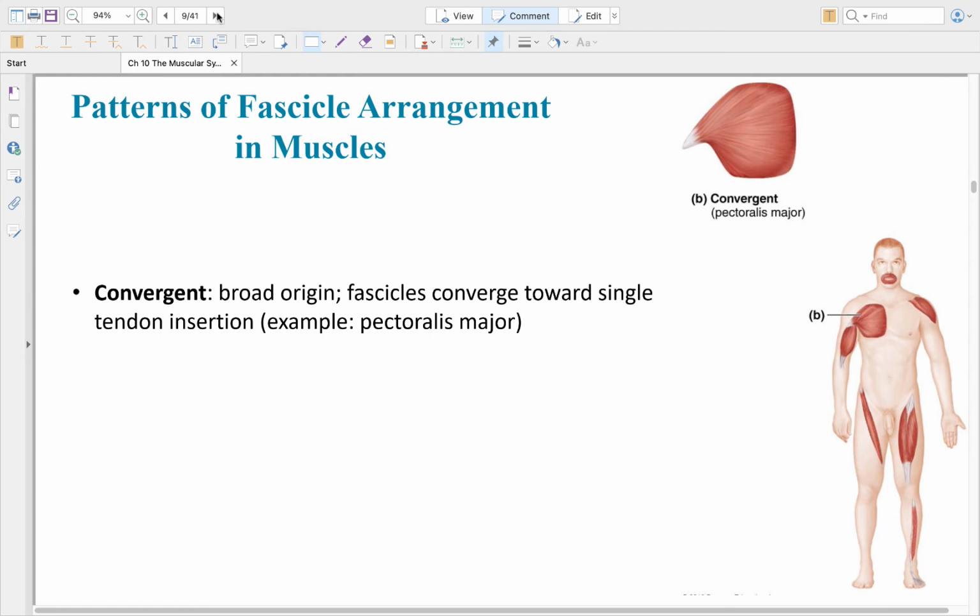A convergent muscle is in reference to very specifically how the fascicle is arranged. This one has a large origin, and it has a single insertion. That makes sense because the pectoralis major has this huge origin, and the insertion is one tendon insertion.